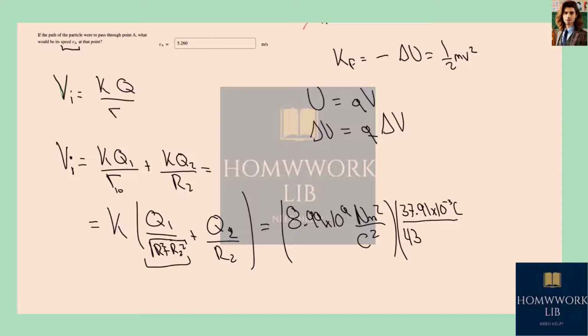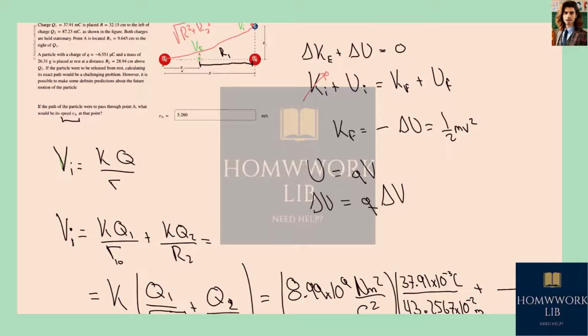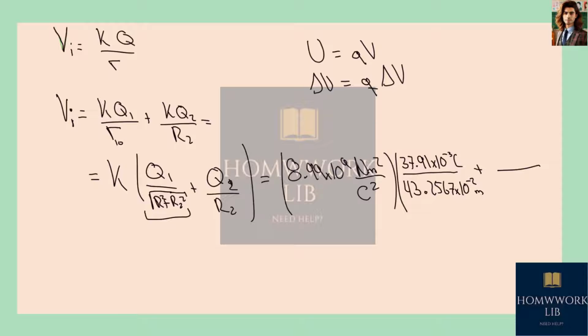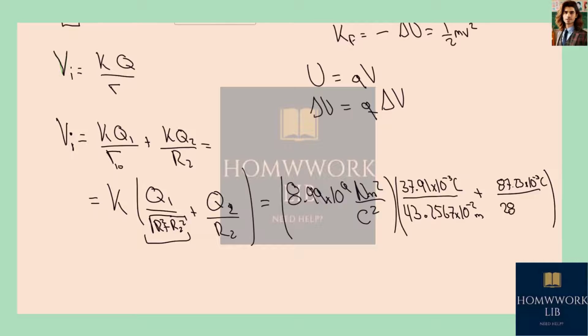So we need to transform this into meters, 43.257 times 10 to the minus 2 meters, plus the value for Q2, that is, in this case, 87.23 times 10 to the minus 3 coulomb, divided by the distance that we're going to have, which is 28.94 centimeters, which is 28.94 times 10 to the minus 2 meters.